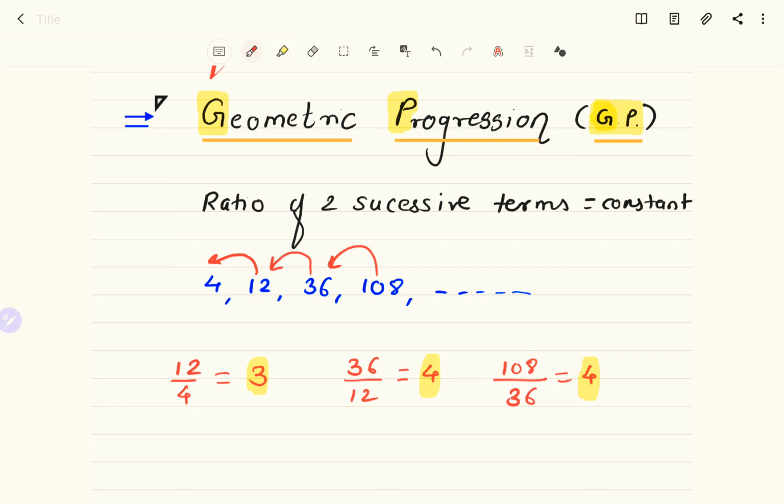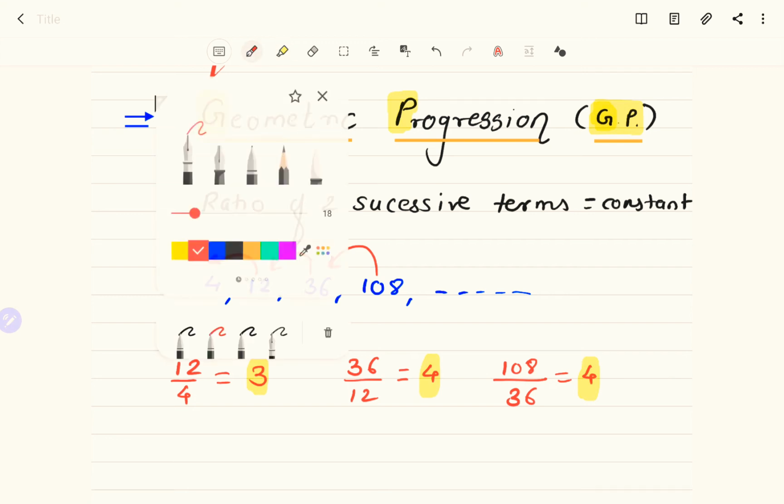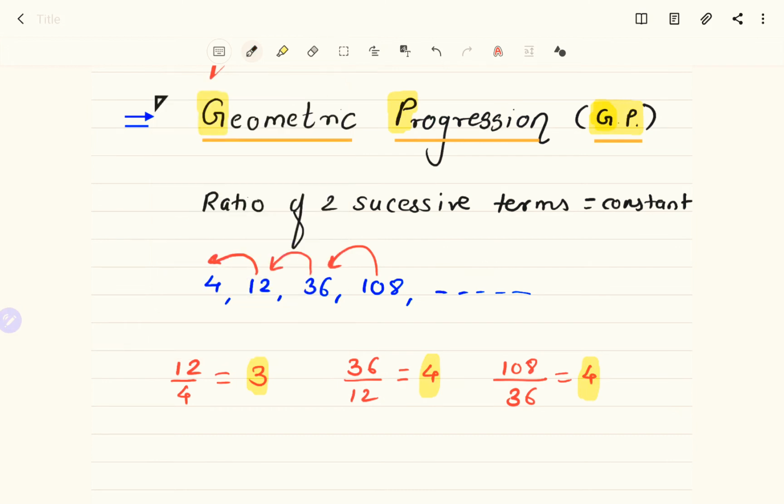If the ratio of two successive terms of any sequence remains constant throughout, then we say that the sequence is in geometric progression. So try to remember this condition for geometric progression: the ratio of two successive terms is always constant, and we denote it by the symbol R, and it is called the common ratio.